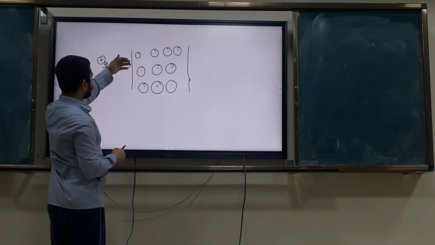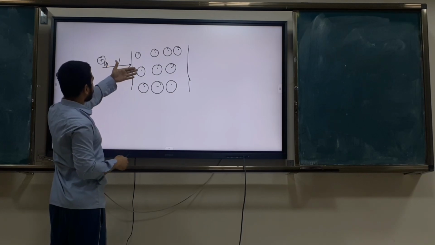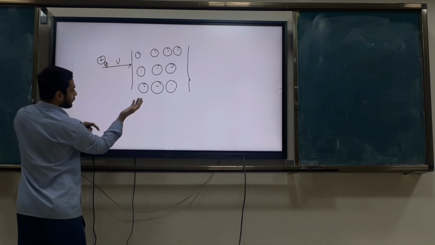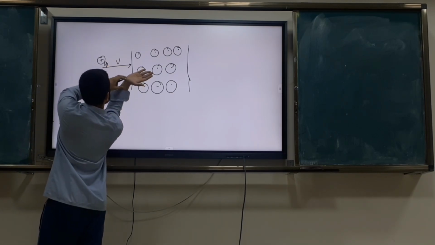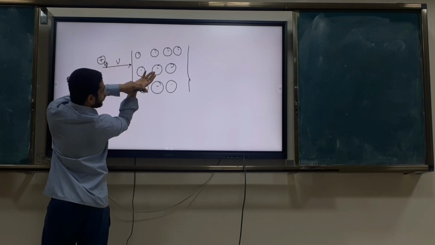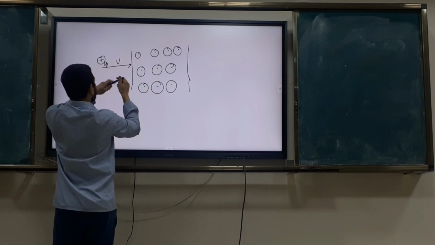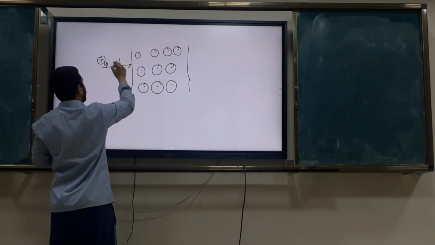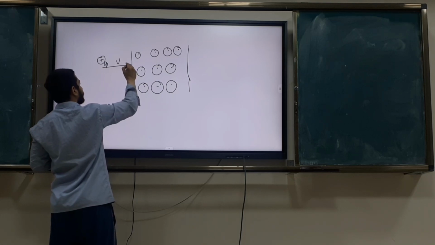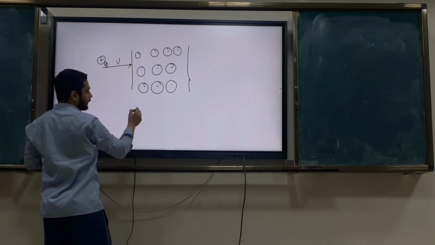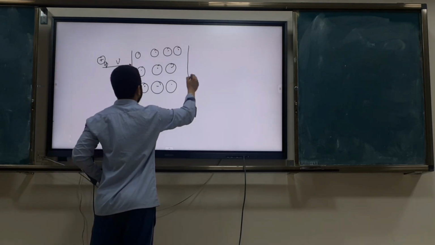What will the direction of force be? Using the right hand, our thumb shows that the force will be downside. We can also predict it by this.